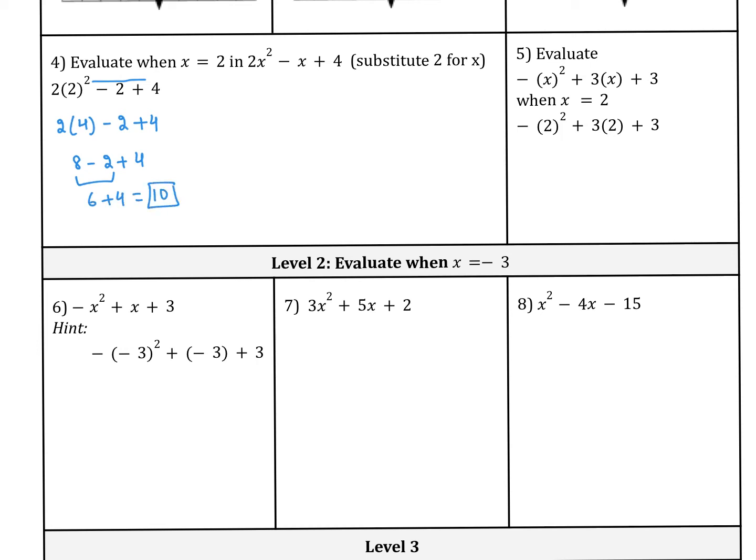So your answer is 10. Similarly, exponent first, then multiplication, then add from left to right. You're going to get 5 as your answer.